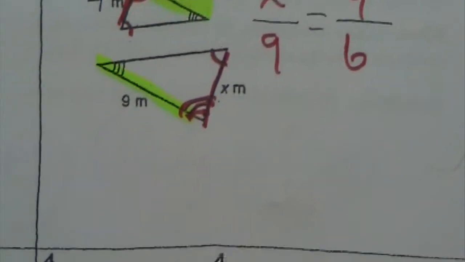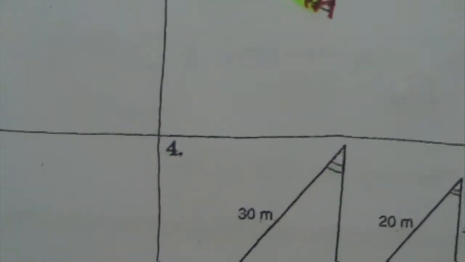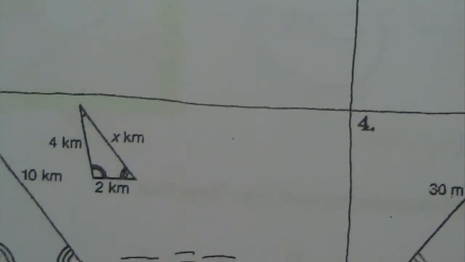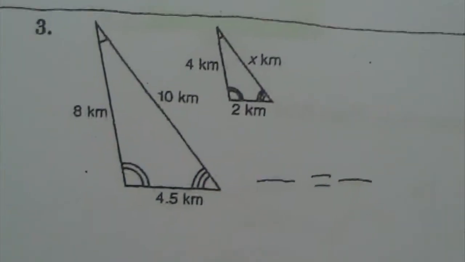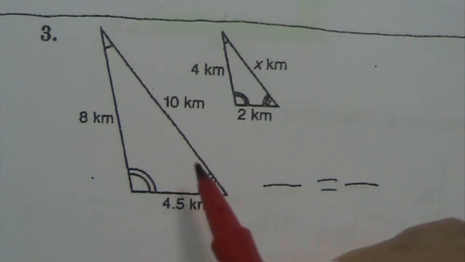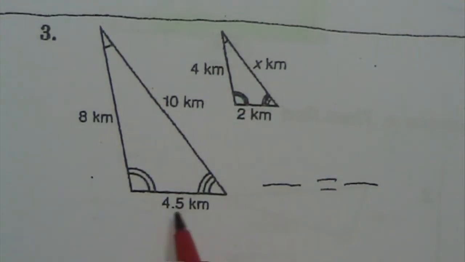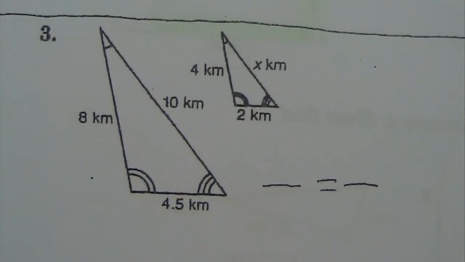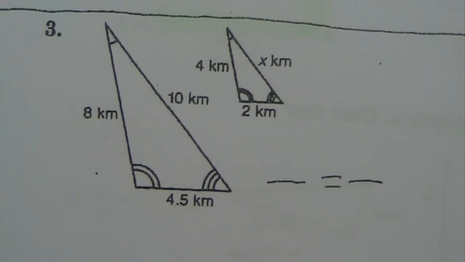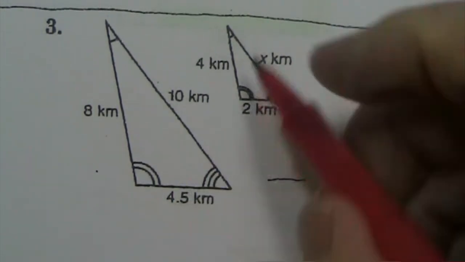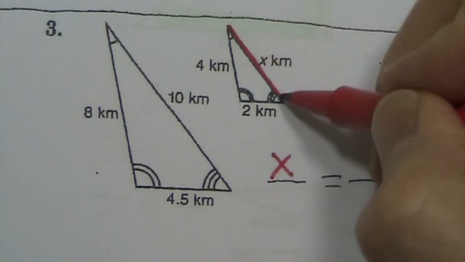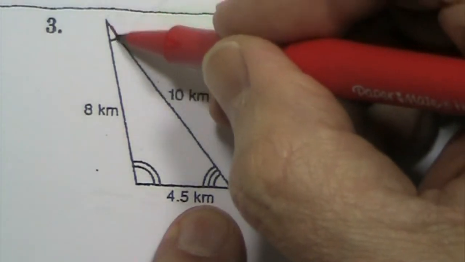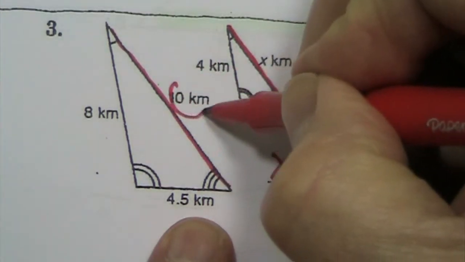Let's take a look at some others down here that are a little complicated, such as number 3. Is that complicated? Oh, yeah, because you have choices. On number 3, you have choices. They give you all 3 sides. You may not want to use the one with a decimal. That might give you a real weird number. So let's see. Where's my x at? Oh, this is my x. And that one is matching up to this side right here, to the 10.